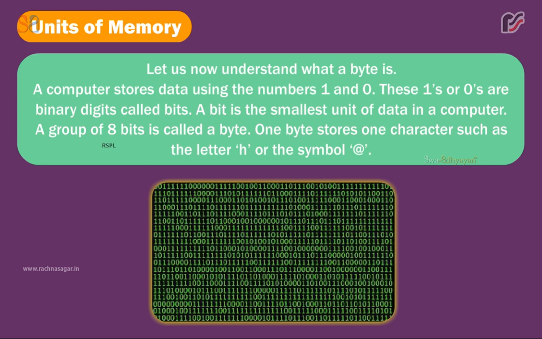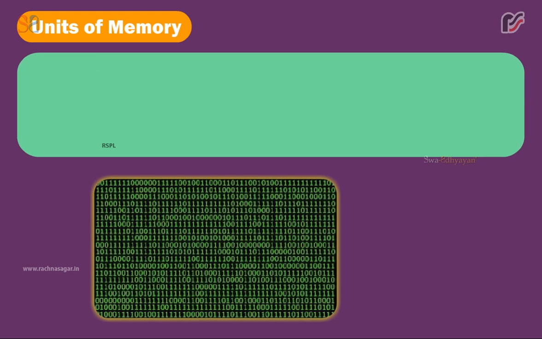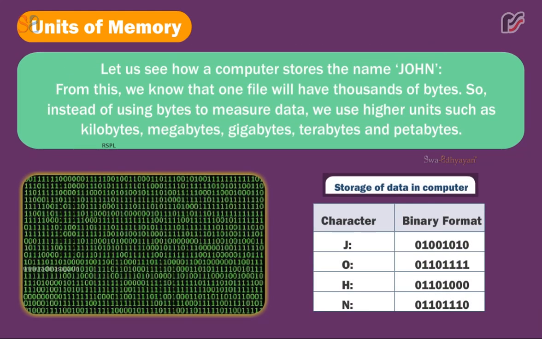These 1s or 0s are binary digits called bits. A bit is the smallest unit of data in a computer. A group of 8 bits is called a byte. One byte stores one character, such as the letter H or the symbol @. Let us see how a computer stores the name John.